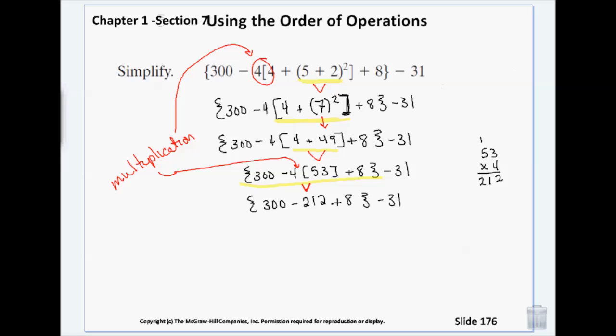Again, I'm still working inside these braces. So I'm going to do subtraction first, because that's the order it comes in. So 300 minus 212 is 88.